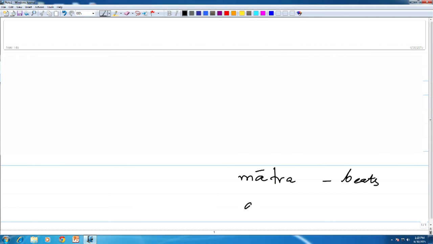Actually there is another word called Akshara, which some people also use to refer to beats, and the jury is still out on this. I say there are two things here. One is the number of beats, 1, 2, 3, 4, and the other is how many divisions or units each beat internally has.